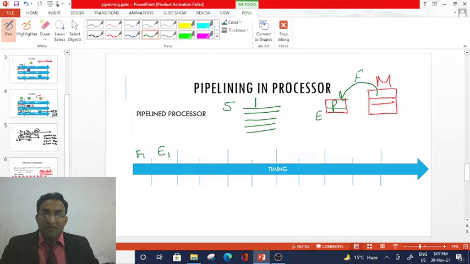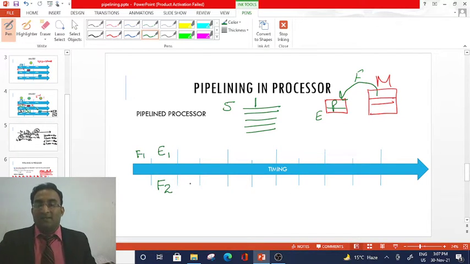So when the execution of the first instruction is going on, at the same time the fetching operation of the second instruction is started, and after that execution of the second instruction will begin.